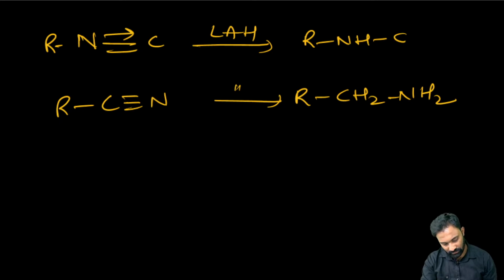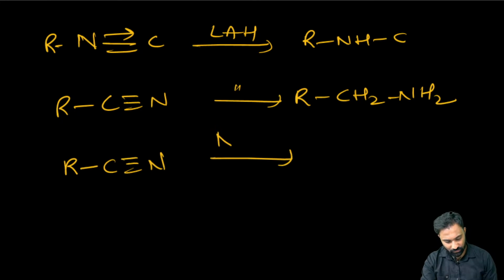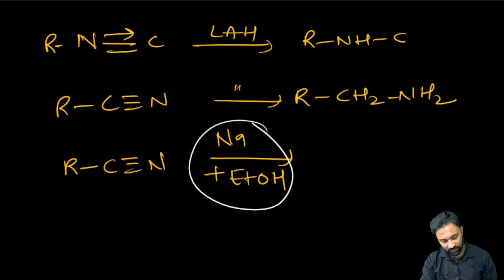Now, clear? Next one, R C triple bond N and sodium plus ethyl alcohol if they are given. Now, what is the product you will get? Only one important concept you have missed, that is the basic nature of amines.